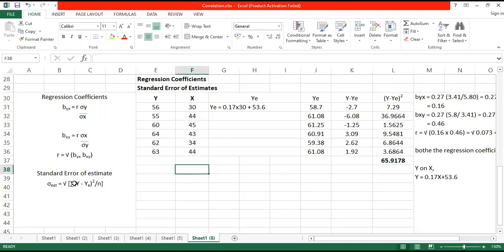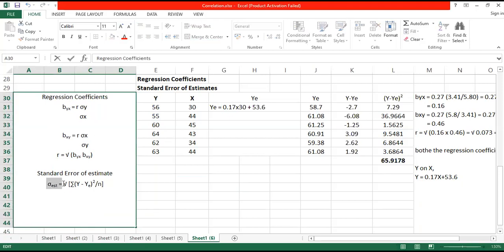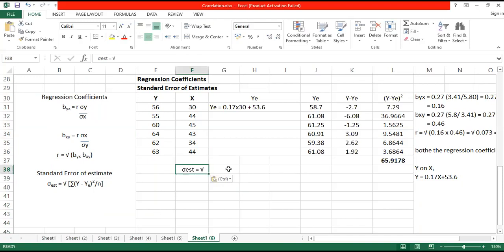Now I'll calculate here only. So sigma estimated is equal to square root of summation y minus ye whole square. So y minus ye whole square is 65.91. So it is 65.91 divided by how many observations do we have? 1, 2, 3, 4, 5, 6. So it is 6 observations, right?